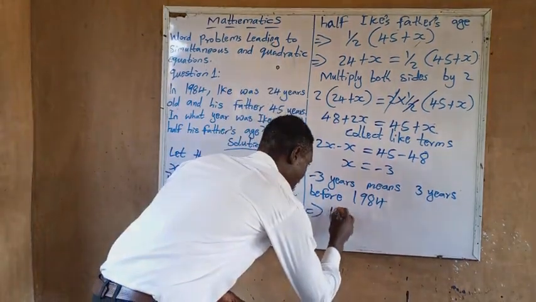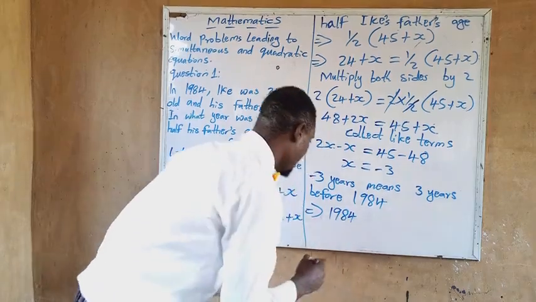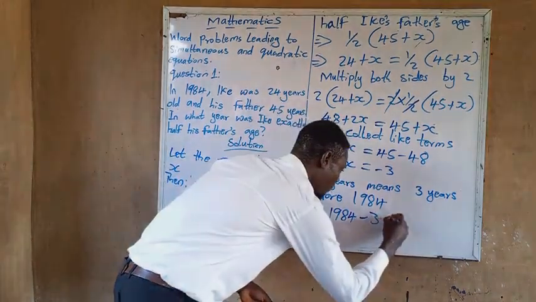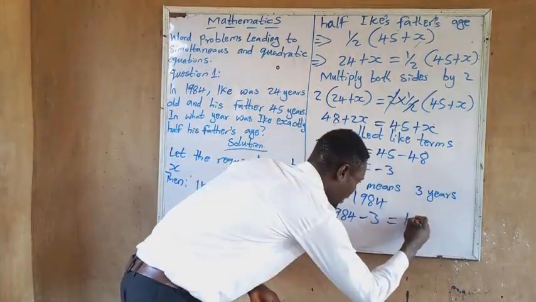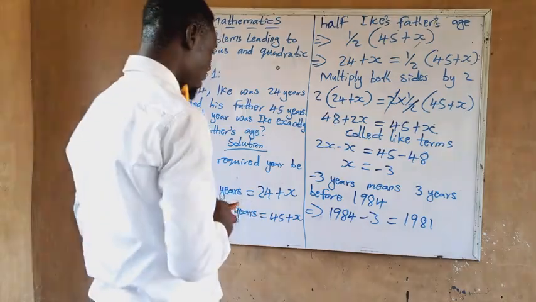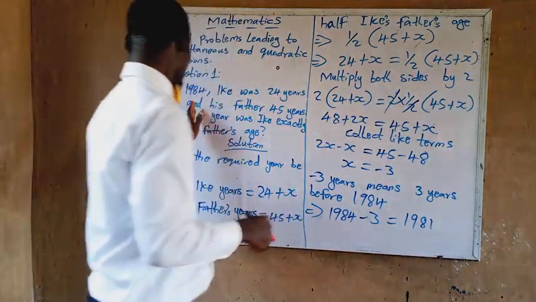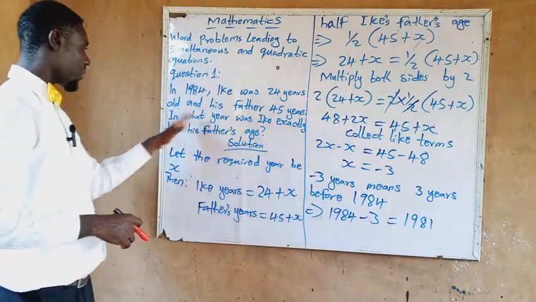Now you have 1984 minus 3, which equals 1981. So therefore, I will come back to the equation.